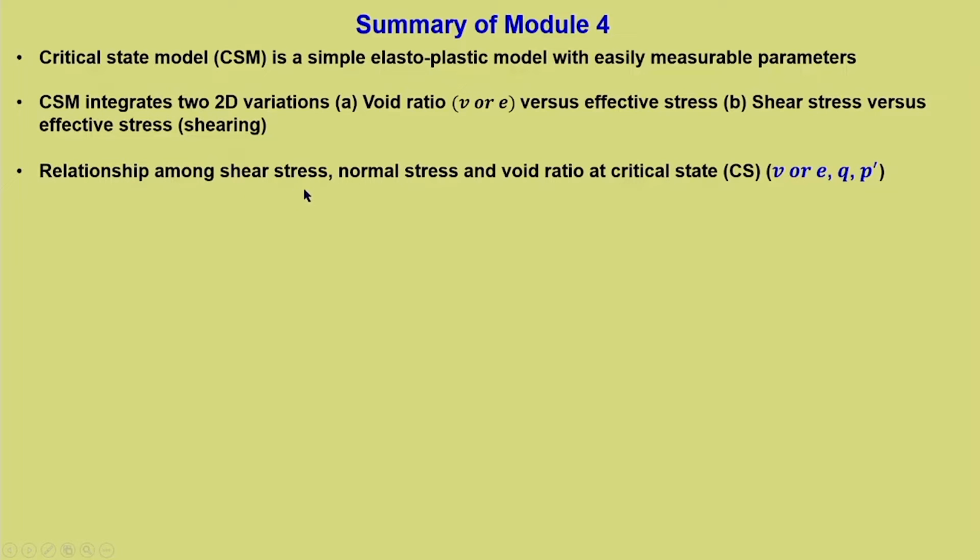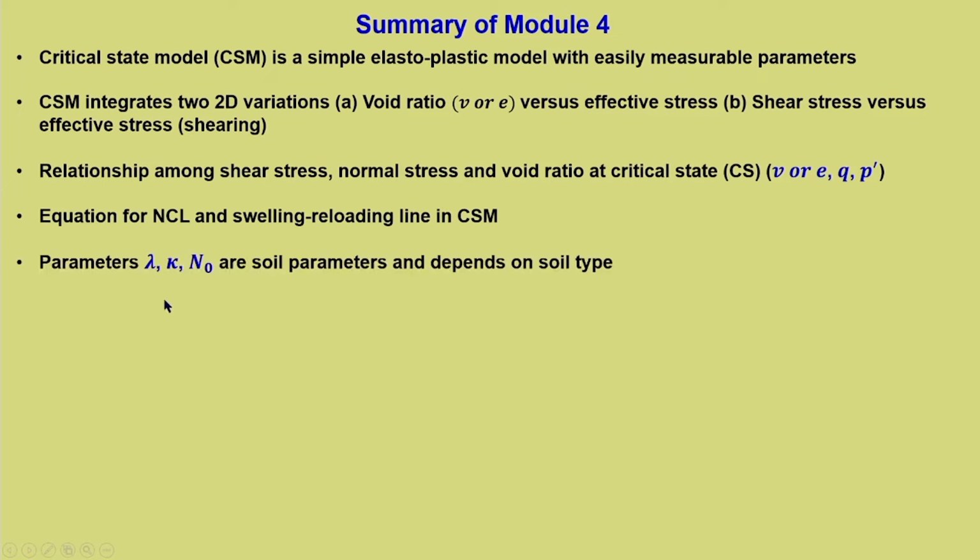So, integrating these two is the very basics of critical state. The relationship among shear stress, normal stress and void ratio at critical state in the v or e, q, p' plot, that also we have seen. Equation for the normal consolidation line and swelling reloading line in the critical state model, and the relevant parameters lambda, kappa, N naught are the soil parameters and essentially depend on soil type.